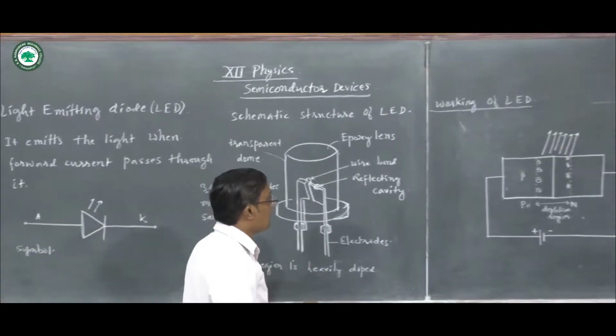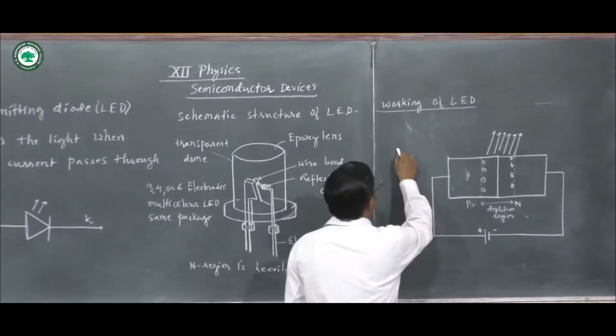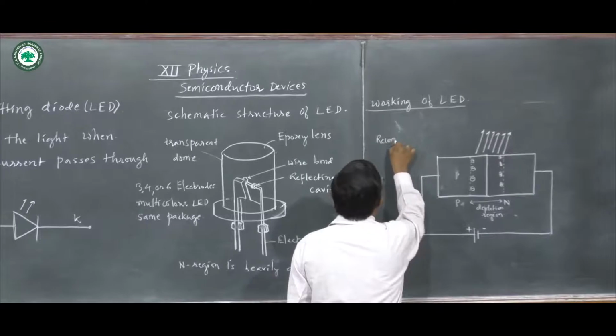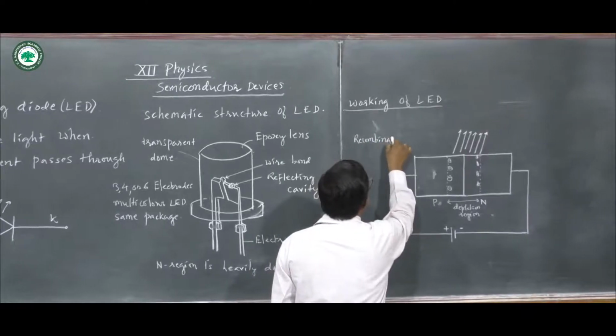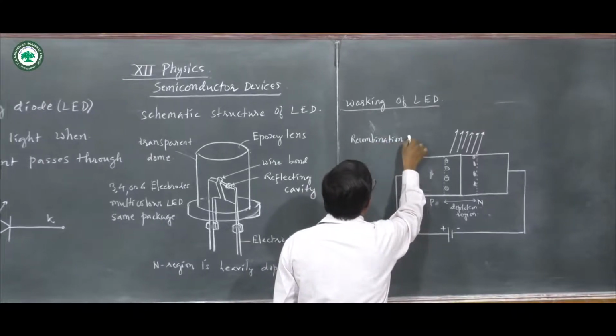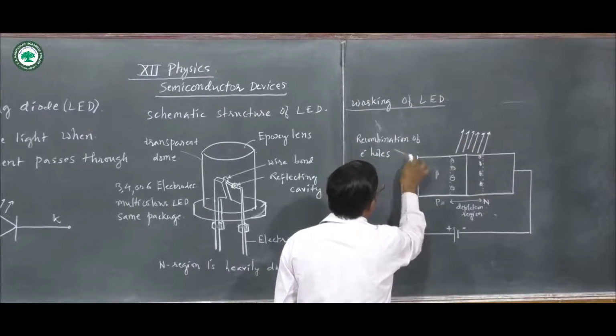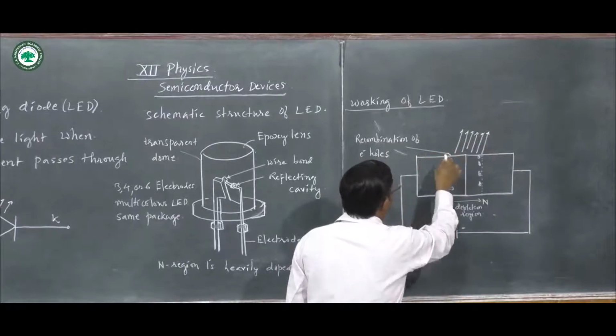There is recombination of the electrons and holes in the depletion region.